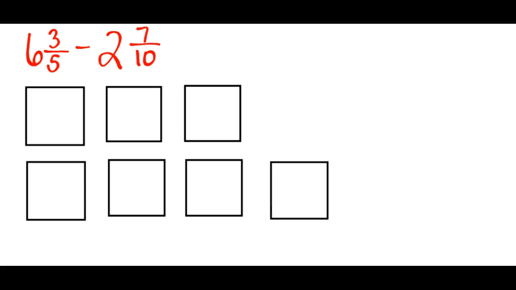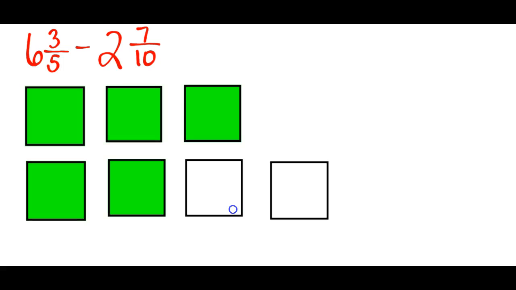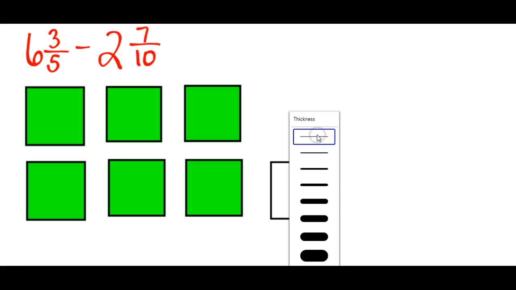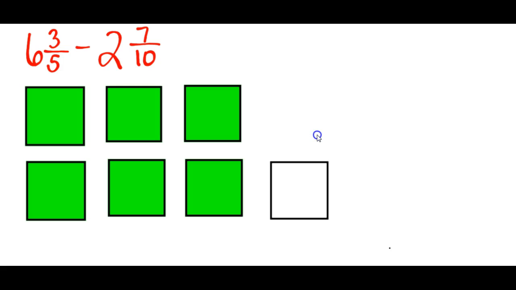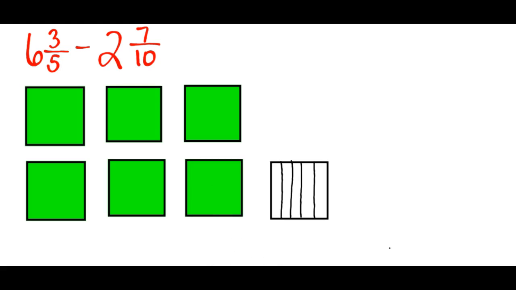So I have 6 wholes, and then the next one that I'm going to have is going to be split into fifths. That's fifths. And it's 3/5 that need to be shaded in.